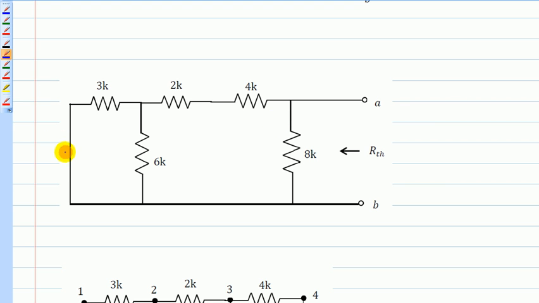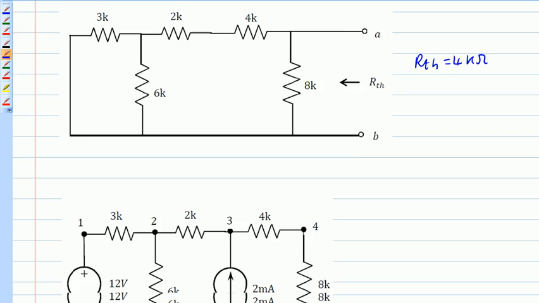See, the voltage source is shorted and the current source is open now, and all you need to do is find the equivalent resistance by looking from this direction here. Of course, it's fairly simple. You have two parallel resistors, in series with these two, and then in parallel with this one, and you can find RTH. That's supposed to be 4k ohms.